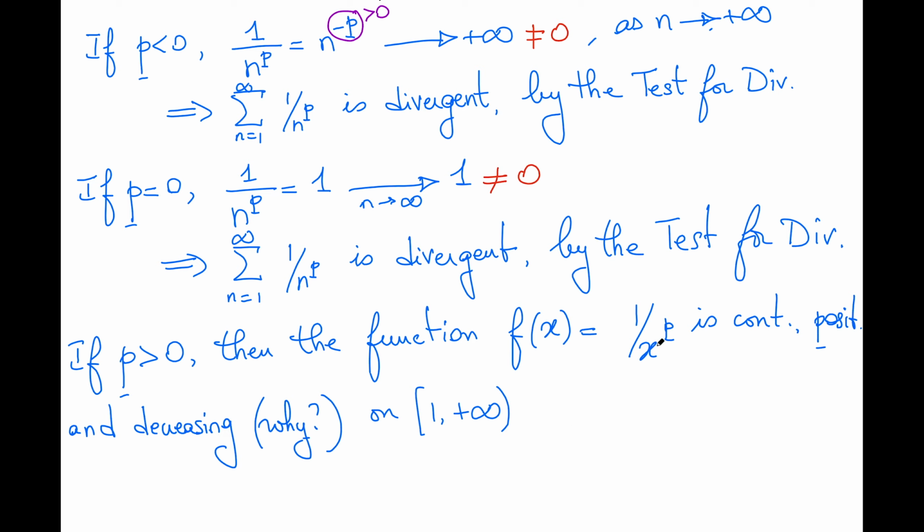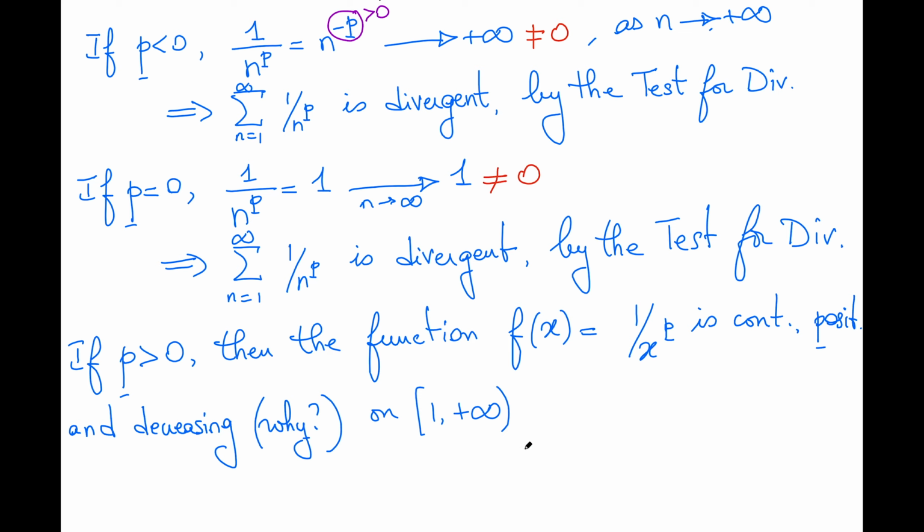How do you get the derivative? Well, this is the same as x to the power negative p. The derivative is minus p times x to the power negative p minus 1. So you get negative p divided by x to the power p plus 1 as the derivative, and certainly this is a negative function everywhere, let alone on 1 to infinity.